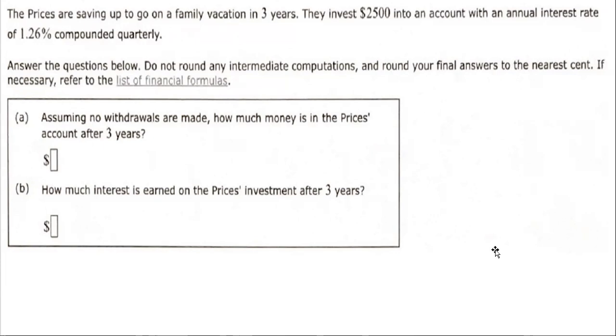They invest $2,500 into an account with an annual interest rate of 1.26% compounded quarterly. Assuming no withdrawals are made, how much money is in the Prices' account after 3 years? How much interest is earned on the Prices' investment after 3 years?